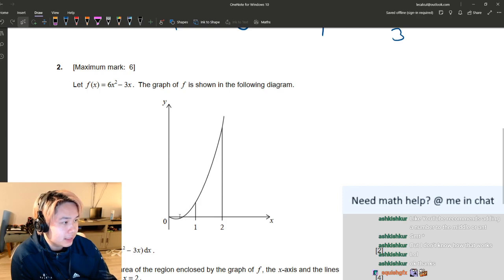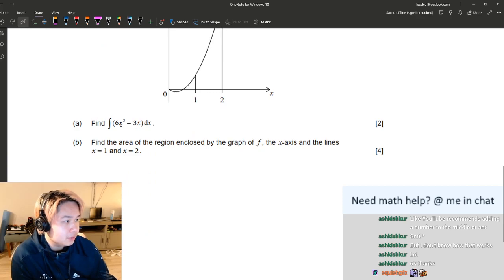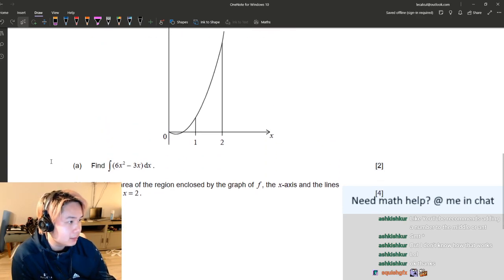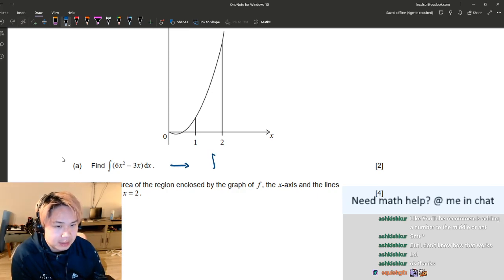So here we have a parabola with this formula. And then we need to find the integral. So a little calculus question. So we can split this integral into separate terms.